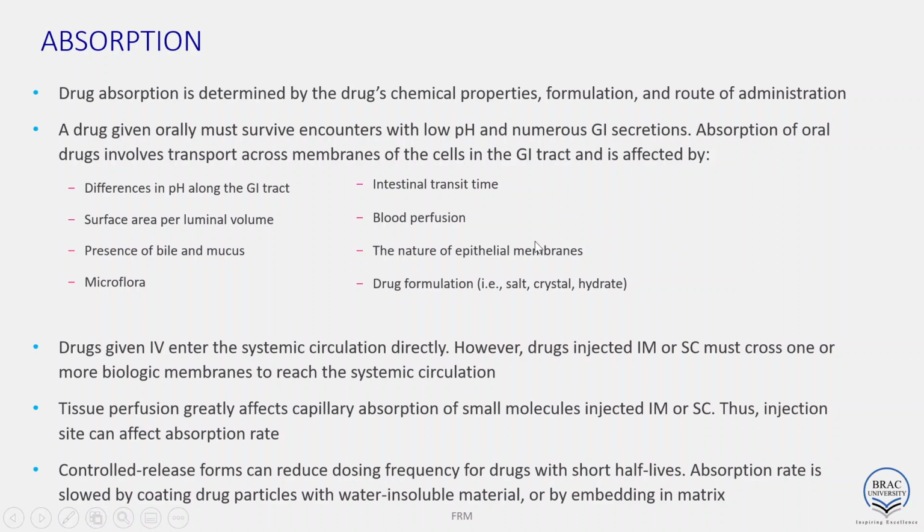There are also factors like the difference in pH along the GI tract that affect absorption, the surface area per luminal volume of the GI tract, and the presence of bile and mucus microflora, which is the bacterial environment. Bacteria can secrete a lot of chemicals which metabolize the drug in the GI tract. This also could be possible.